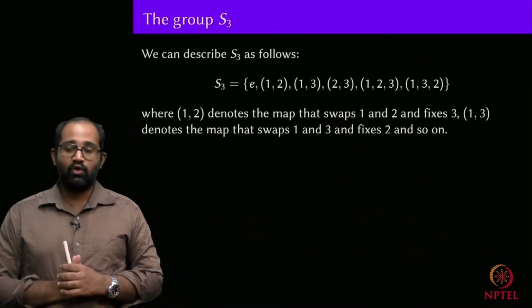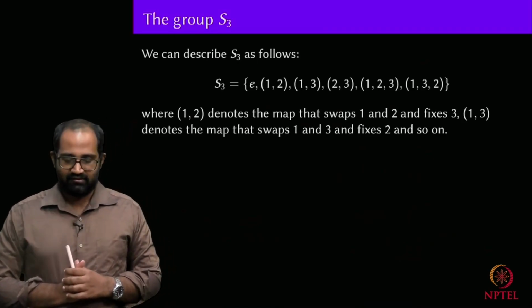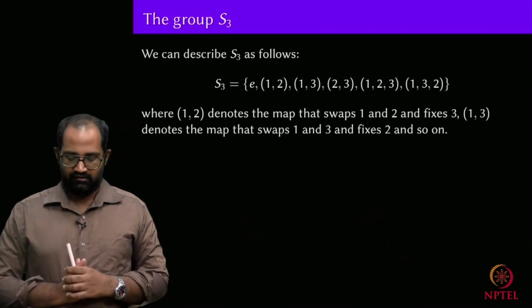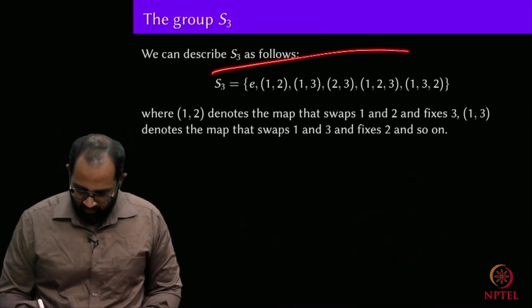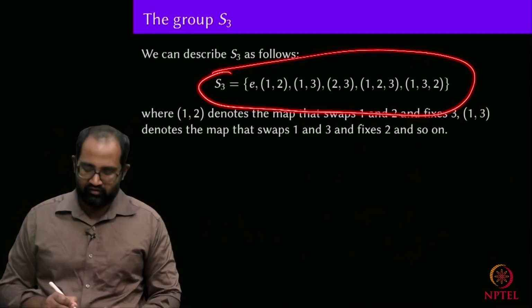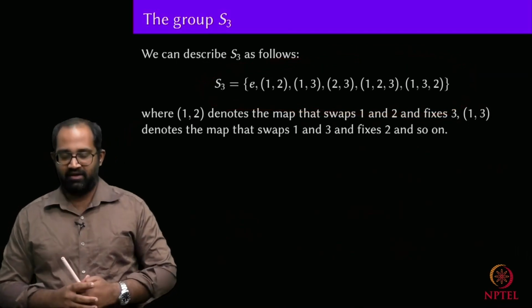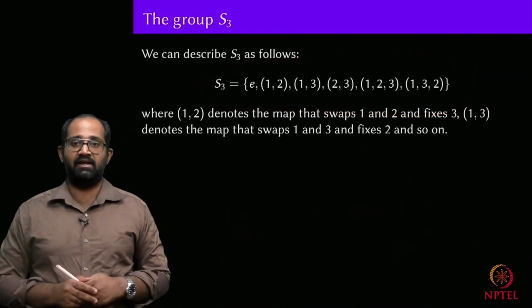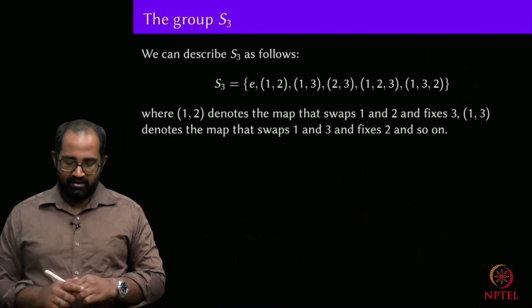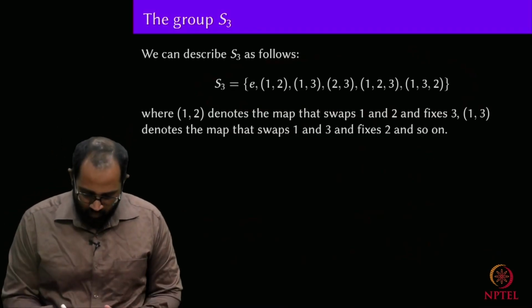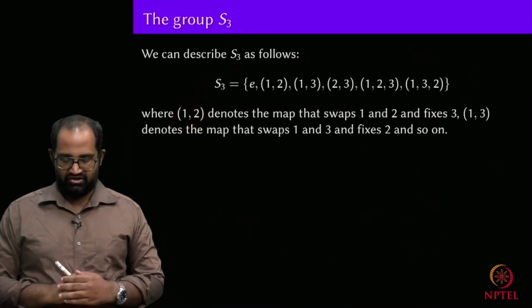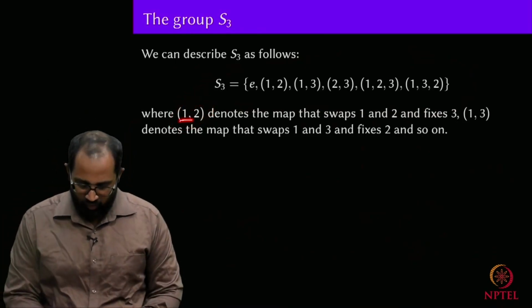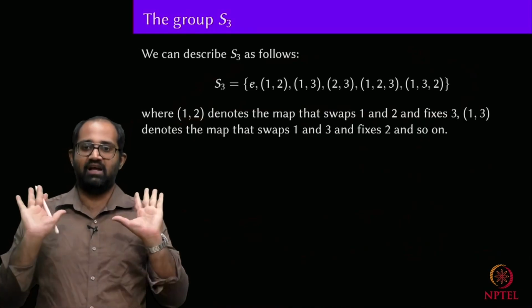The group S3, the symmetric group on 3 letters, you can describe as follows. I have used what is called cycle notation, which I will explain in much greater detail in algebra 2, but for the time being you can just think of (1 2) as denoting that bijection that swaps 1 and 2 and leaves 3 untouched.